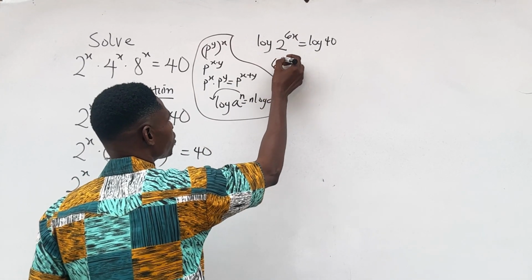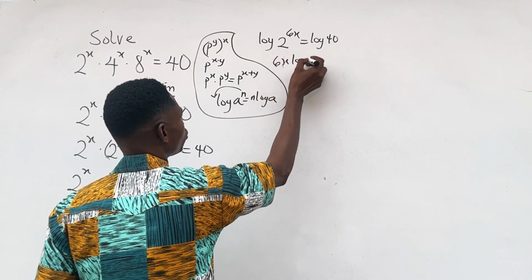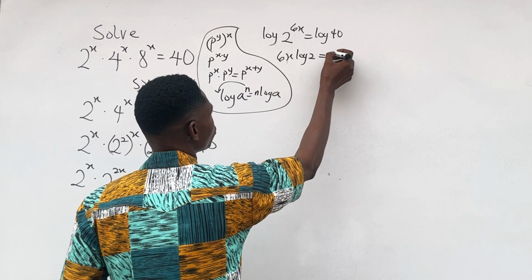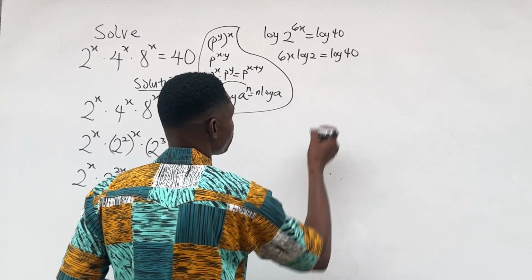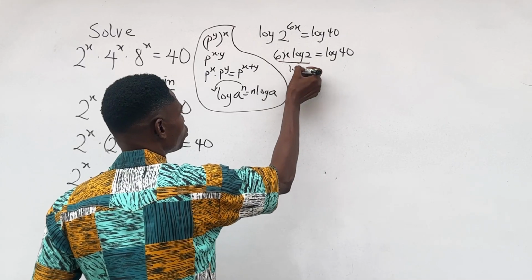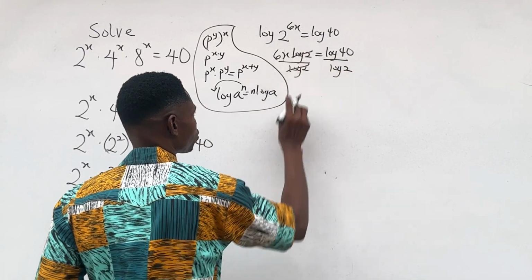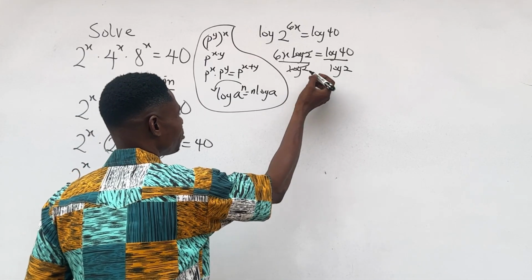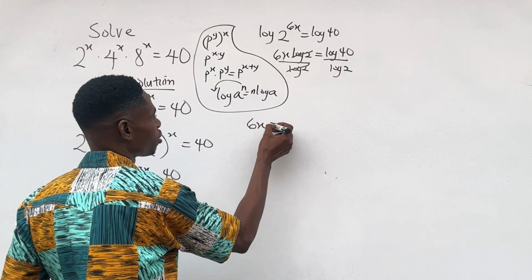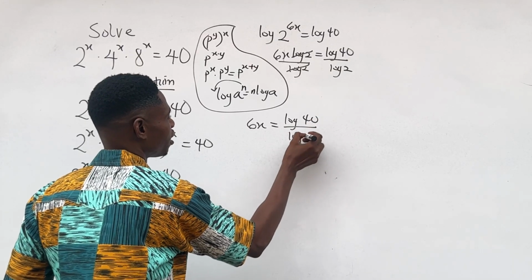So we are going to have 6x log 2 equal to log 40. And now we can divide both sides by log 2. This will cancel this, so we'll have 6x equal to log 40 over log 2.